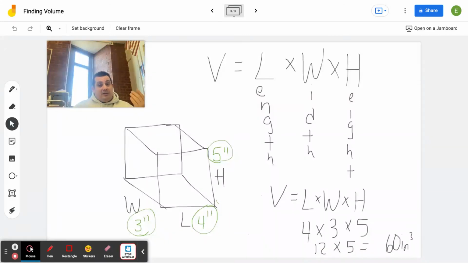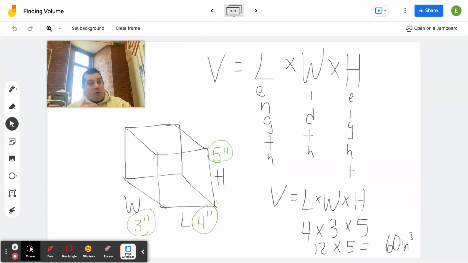So that's where you take what you learned right here and say, oh, they're finding the volume. They said the length was 4 feet, the width was 3 feet, and the height was 5 feet. You have to say, I remember the formula for volume is length times width times height. It's all about applying what you've learned here.